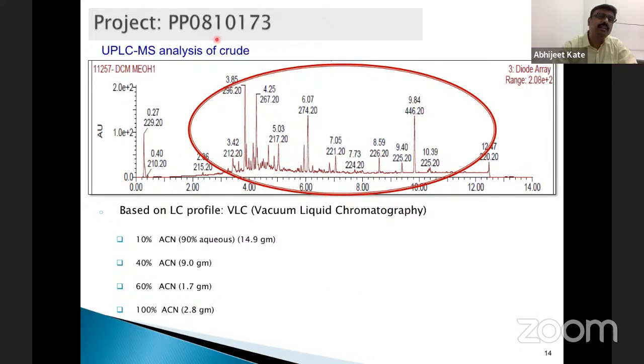This is one of the projects, referred to as PP08100173, that we worked on at Piramal, and there we selected this as the large scale.